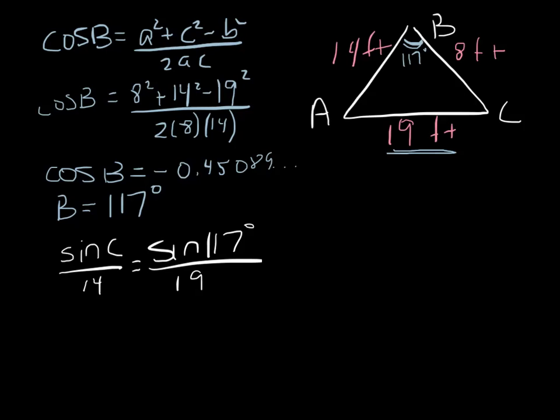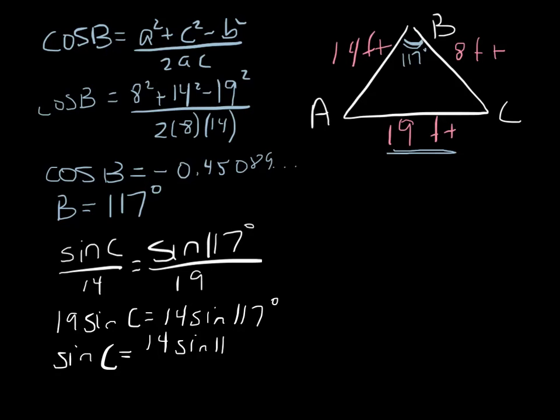Then we have 19 sine C. So sine of C is equal to 14 sine 117 over 19. And that means that C must be equal to about 41 degrees. So this angle here is 41.